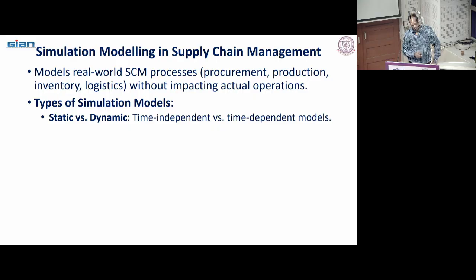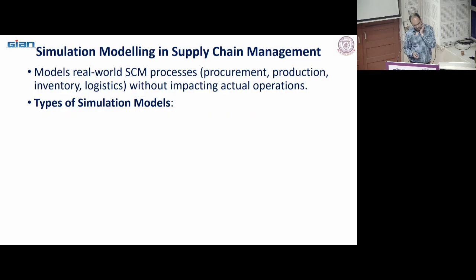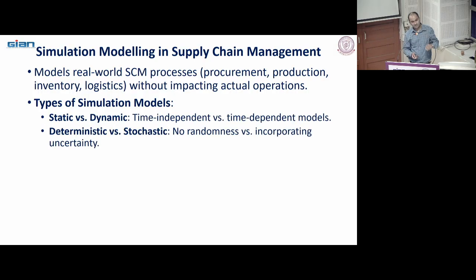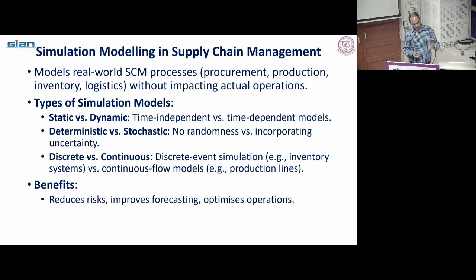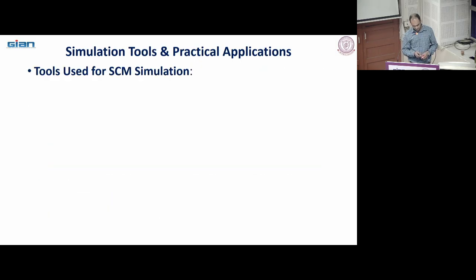Types of simulation: static versus dynamic, time dependent versus non-dependent, then deterministic versus stochastic, and discrete and continuous, meaning how the parameters change at a given time or continuously, because we predict unexpected events and optimize the operations.